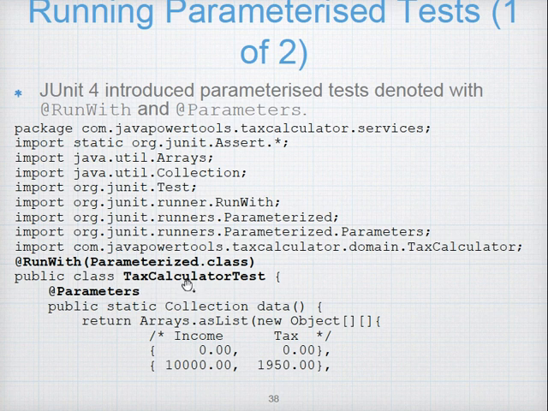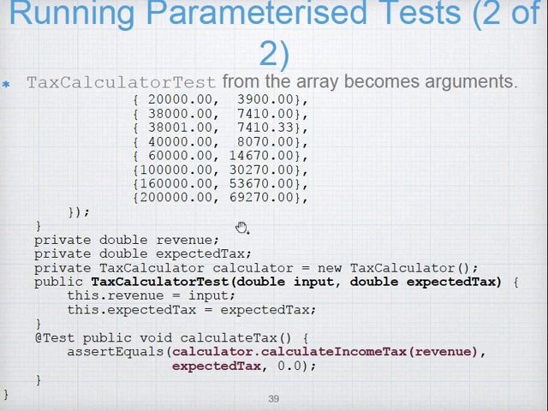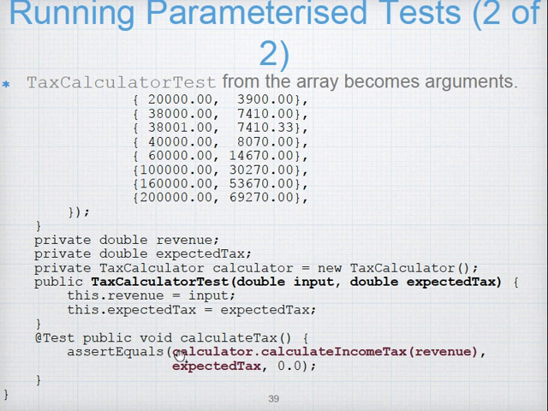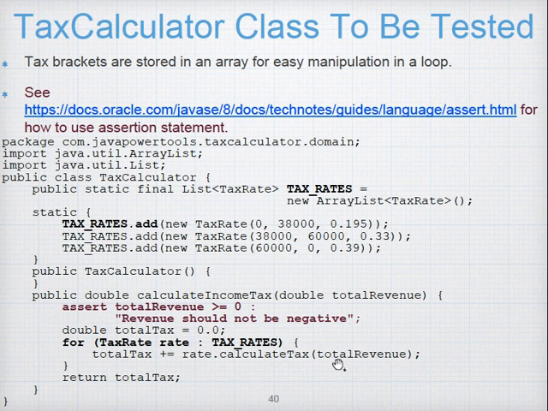So the tax calculator test has these parameters. The parameters are defined with this annotation, and these numbers will be fed to these two values. So these two values, income and tax, will be fed to this income and tax.